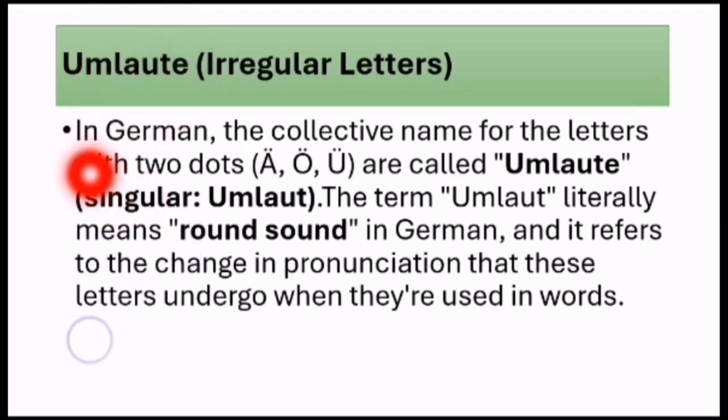So let's learn. Read with me. In German, the collective name for the letters with two dots. These irregular letters have dots on them: A has two dots on its top, O has two dots on its top, and U has two dots on top.